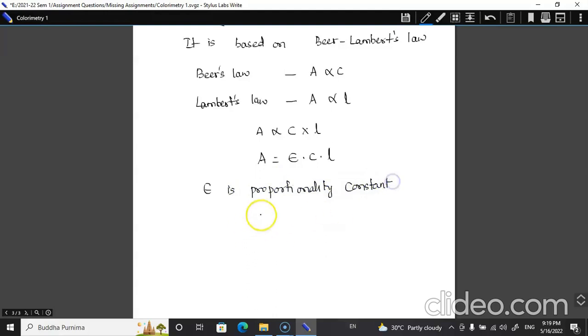Epsilon is also known as molar absorptivity or molar extinction coefficient.